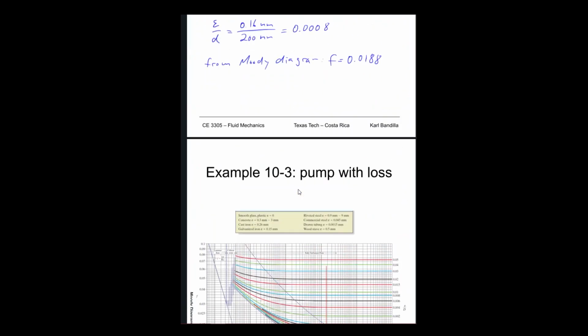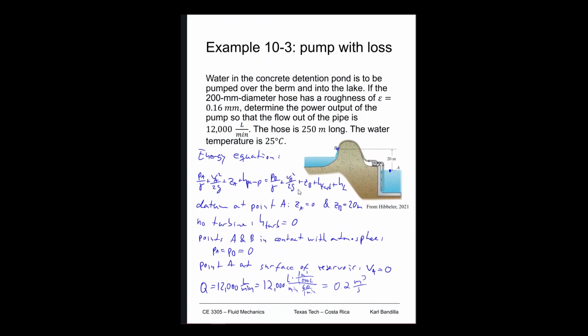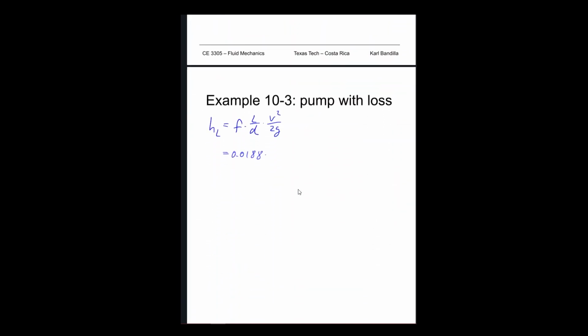The length of the pipe is 250 meters. Diameter was 0.2 meters. The velocity was 6.366198 meters per second, squared, over 2 times 9.81 meters per second squared.